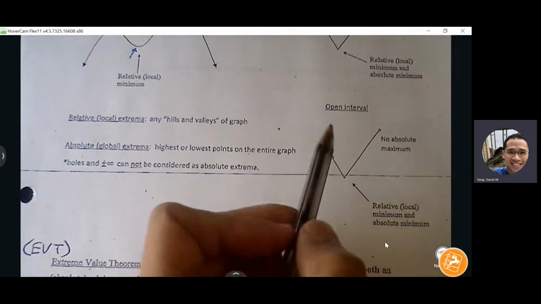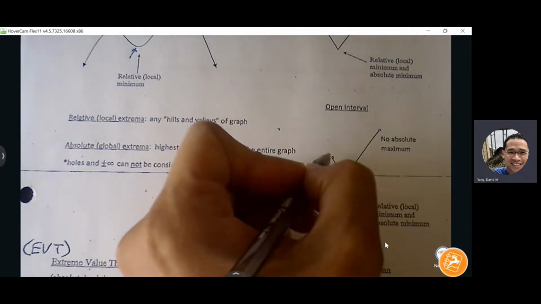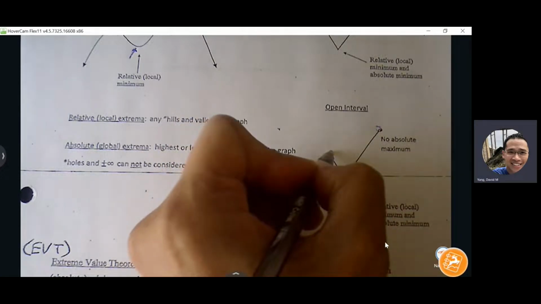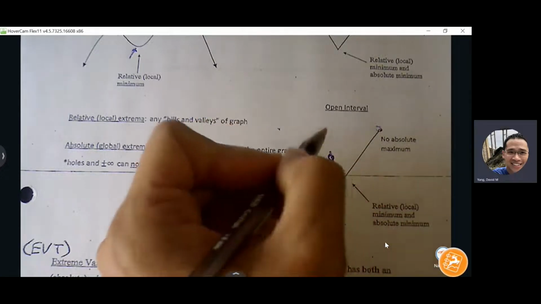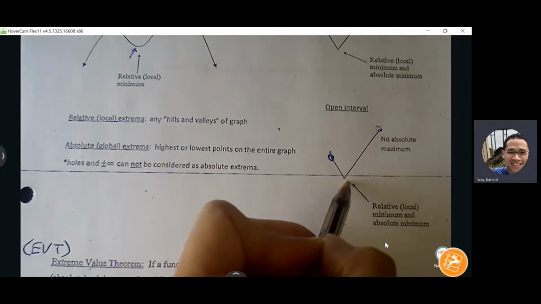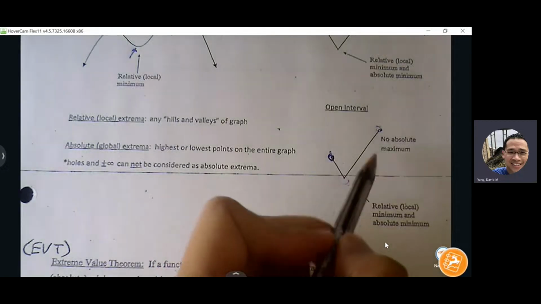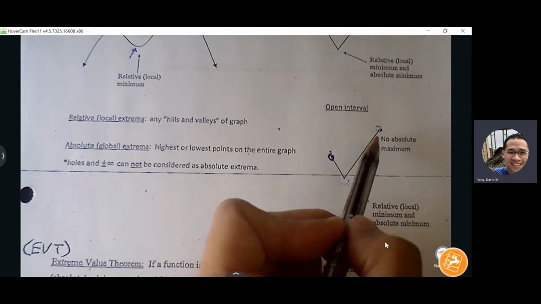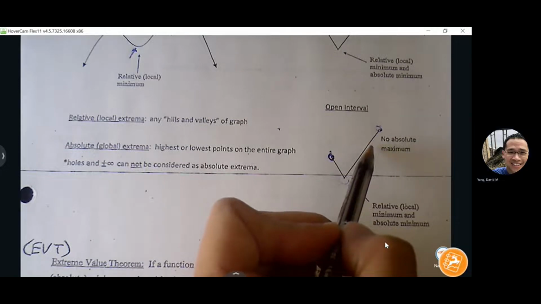Okay, so along an open interval, if the graph has open points or open circles, again, there is an absolute minimum and relative minimum, but there is no absolute maximum, because a hole means that the graph will get infinitely close to that point without ever reaching it.